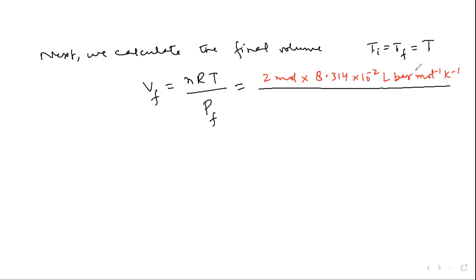And we multiply it by the temperature. We'll solve that, let me use another color, into, what is the temperature? 677 Kelvin. So this is our numerator.